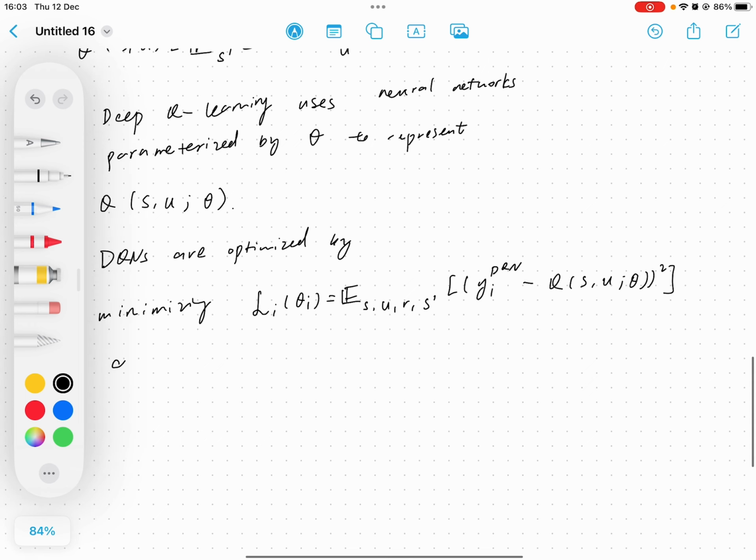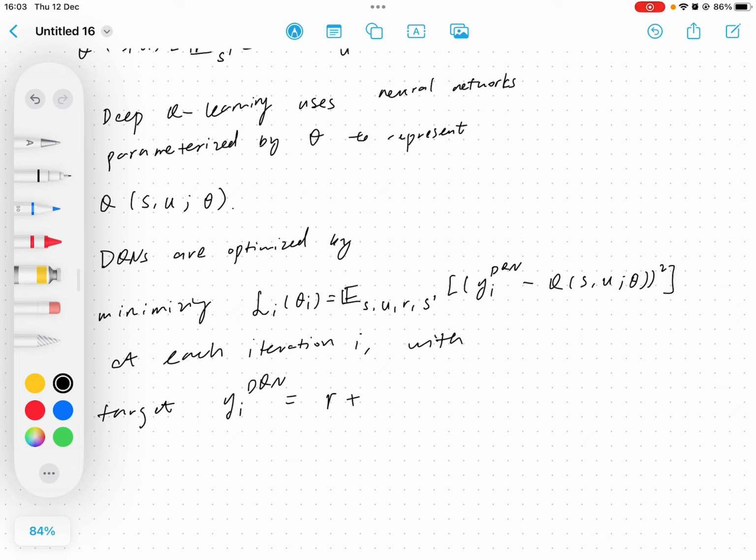At each iteration i, this is called the target y_i DQN. So what is this target? We have already defined that. The target would be just the term inside of the expectation of the Q star.